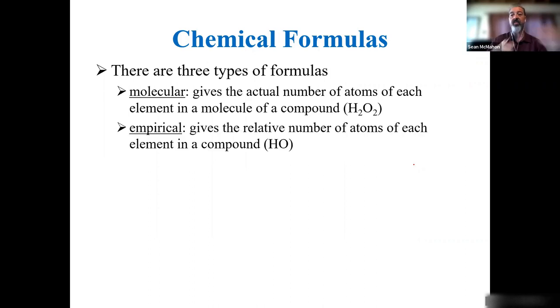There's something that's referred to as the empirical formula. The empirical formula, you can think of it as the simplified formula. If I look at hydrogen peroxide, the ratio is 2:2. I could actually simplify it and write HO, okay? So that would be the simplified ratio. That's the empirical ratio. For molecular compounds, we'll talk about what those are.